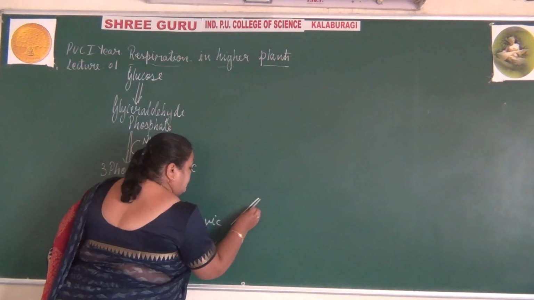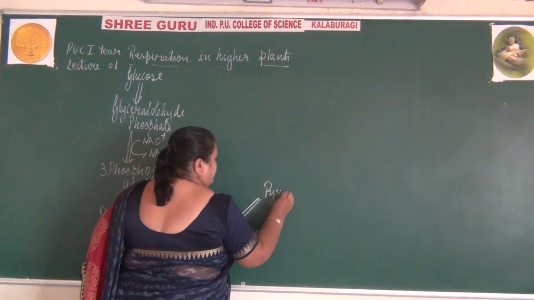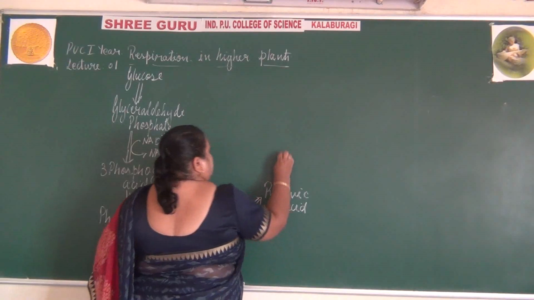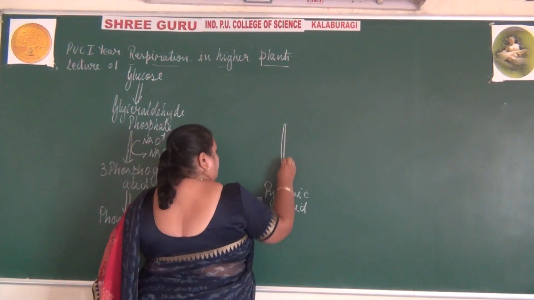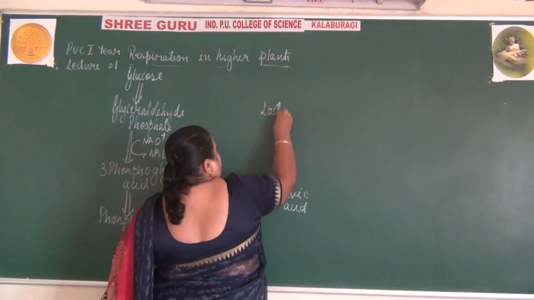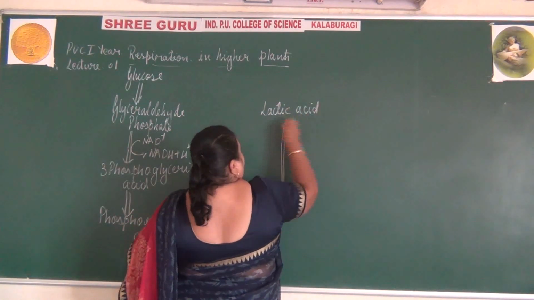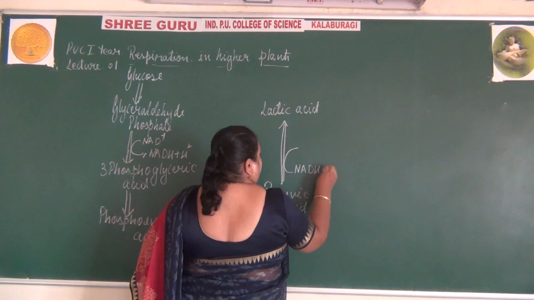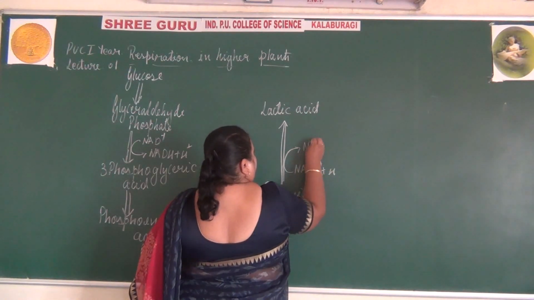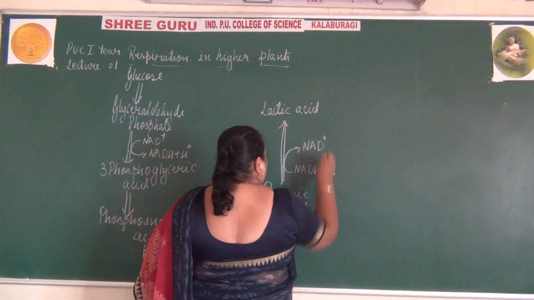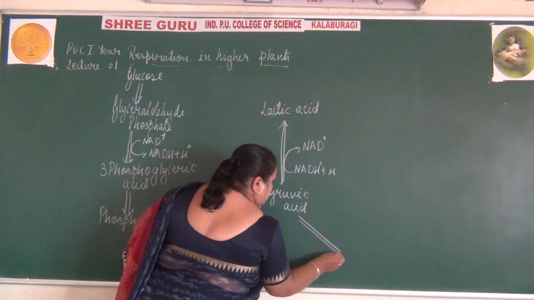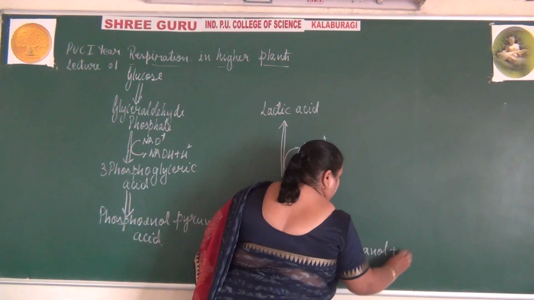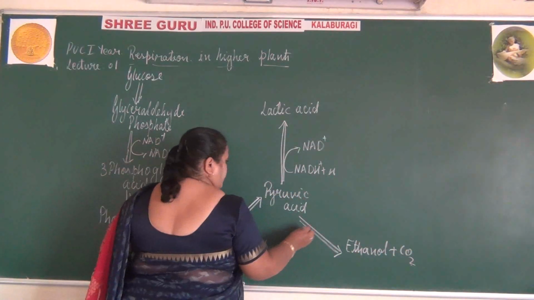This pyruvic acid can form lactic acid, or ethanol with the release of carbon dioxide.